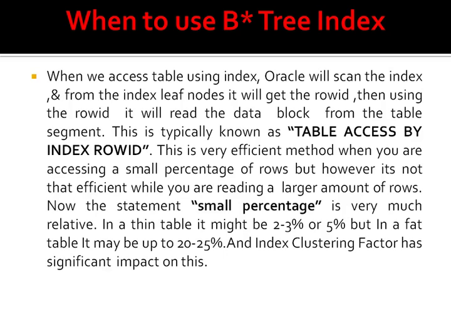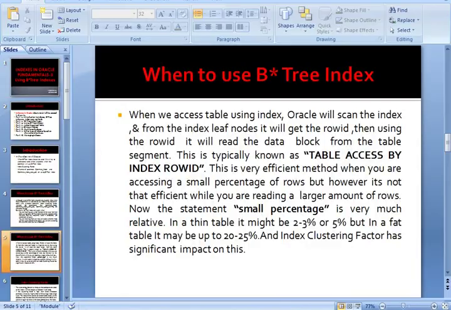I'll explain all of that, but before explaining index clustering factor I'll explain what I have just said, that in a thin table this percentage can be 2 to 3% or 5%, but in a fat table it can be 20 to 25%, based on which the optimizer will decide whether to use the index or not.